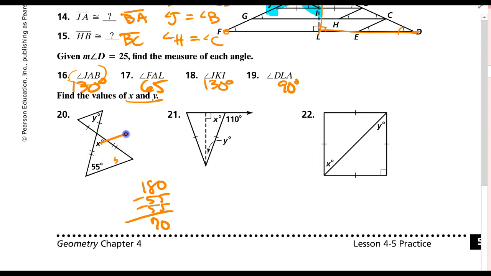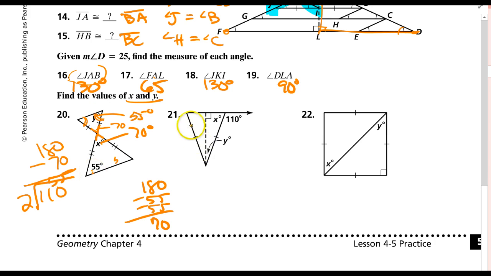X was 70 degrees, so that means this angle right here, vertical angles, yay, vertical, that's 70. Now I've got 70 degrees here, and if these two are congruent, that means this angle with this angle will be congruent. Or you could say that I've got 180 degrees. I know about the first 70, so now I'm at 110. And these two angles would be divided evenly into the remaining number of degrees. So that makes y 55 as well. Just like this down here.